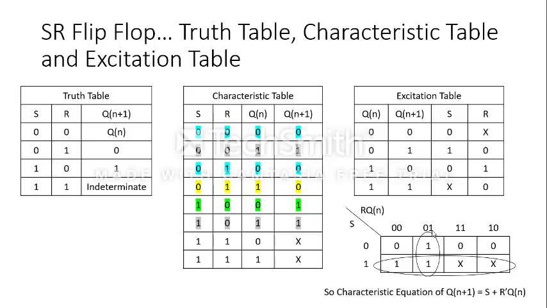That means we can't use these two states for the SR flip-flop, so these two states are completely invalid. We have to do something with this SR flip-flop circuit, so that we can use these two states also. There is one remedy. We will discuss this in our next video.